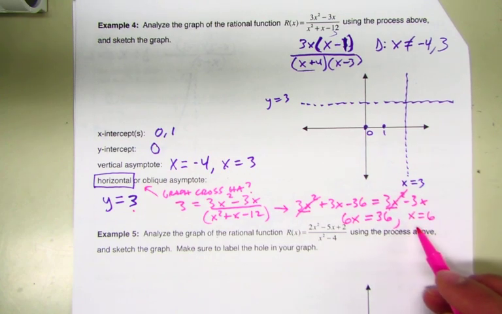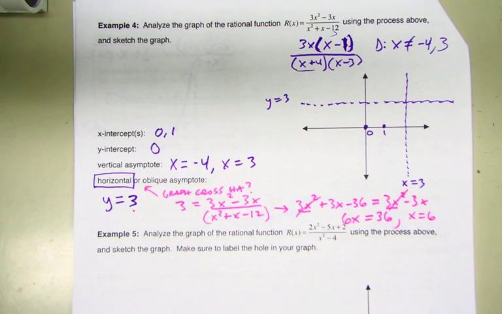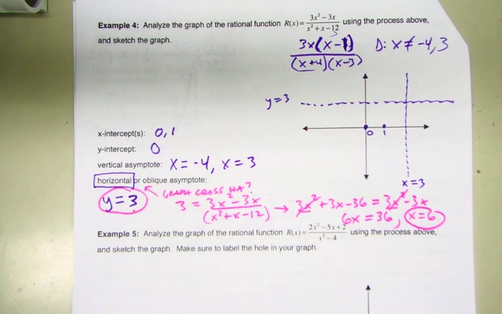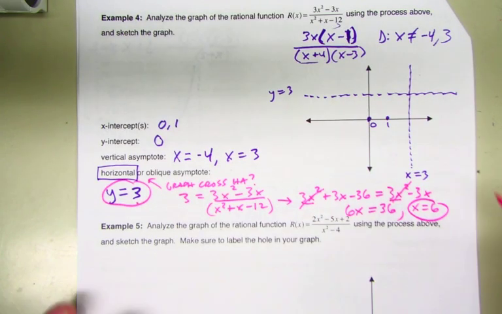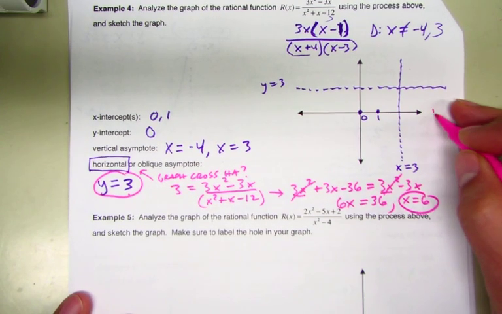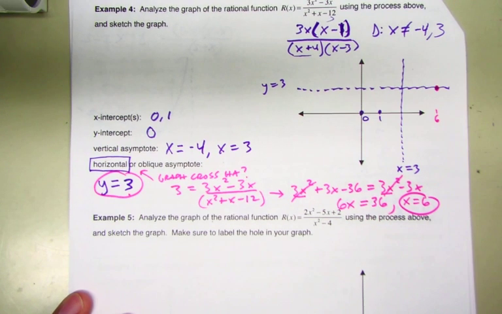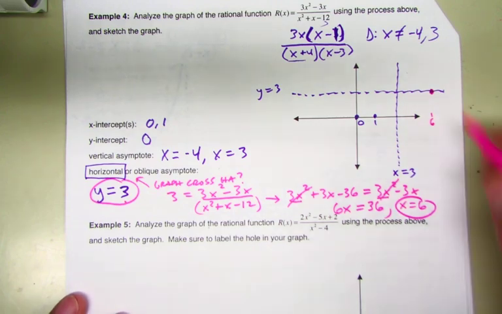So we got an actual value when it does cross. It doesn't happen all the time, but it does sometimes. So right here, just remember that at (6, 3), that's when it crosses the horizontal asymptote. So you know what? I'm going to go over there and put that point down. This is at 3. So maybe over here is 6, right? Here's (6, 3). Okay?